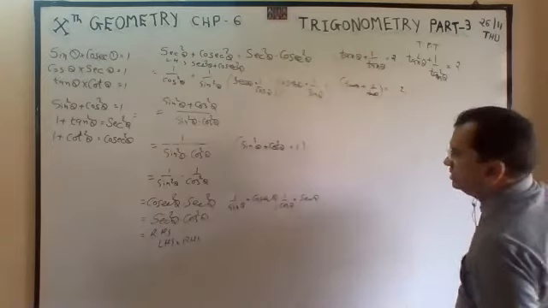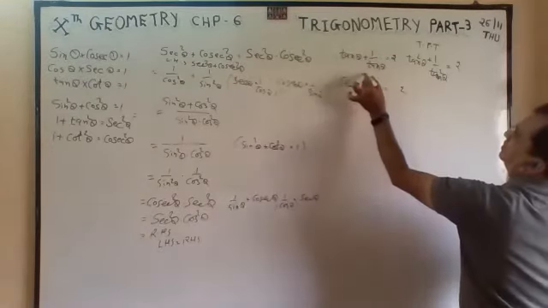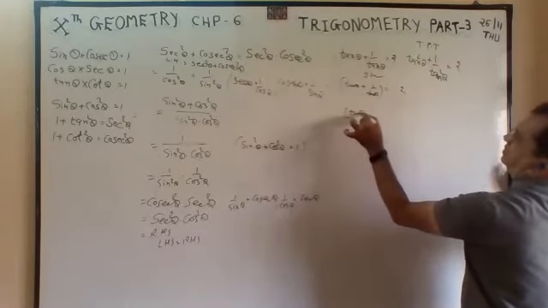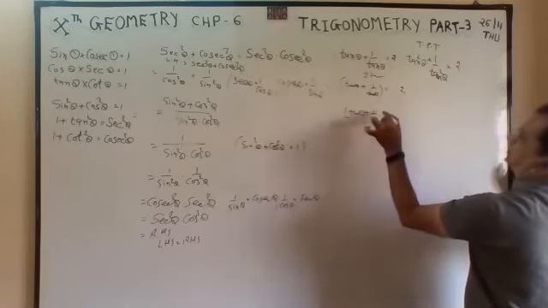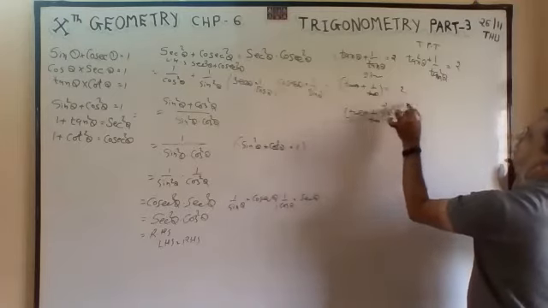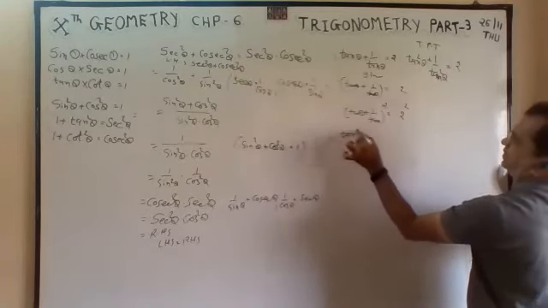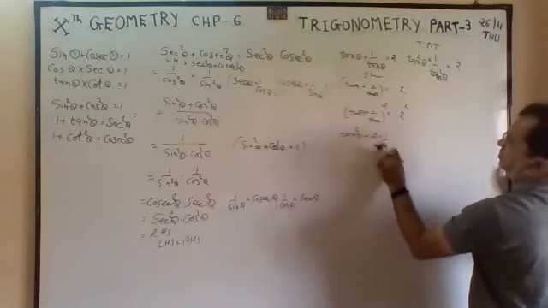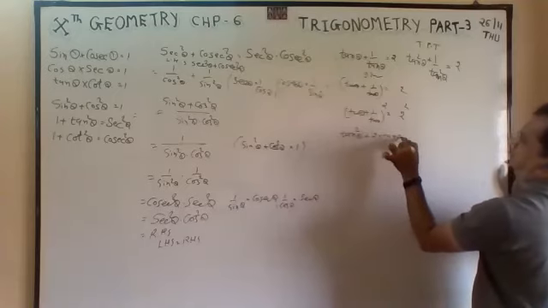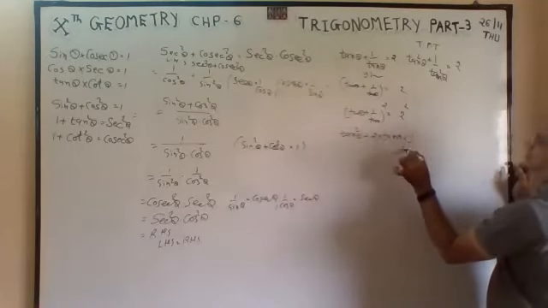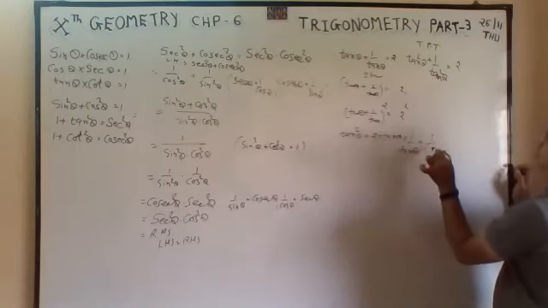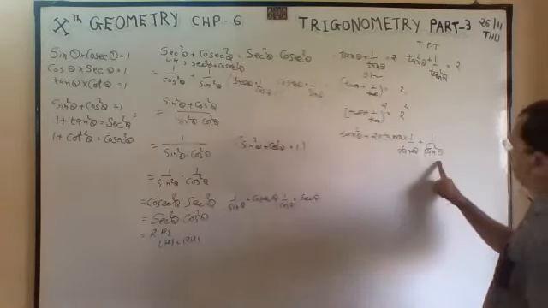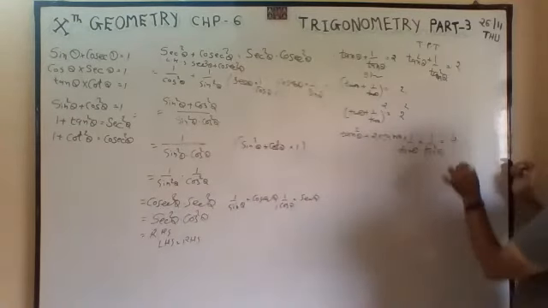Taking square on both the sides, this is one given. Now taking square on both the sides, tan theta plus 1 by tan theta whole square is equal to 2 square. So it will be a square plus 2ab plus b square is equal to 2 square, which is 4.